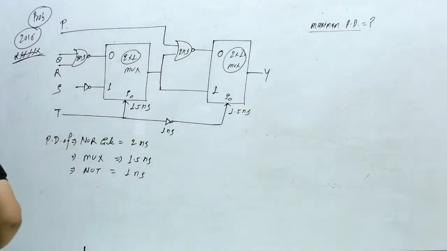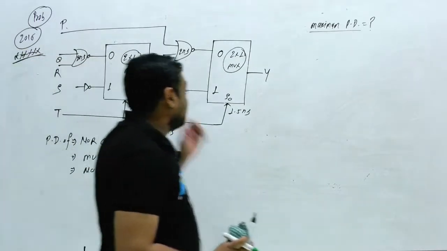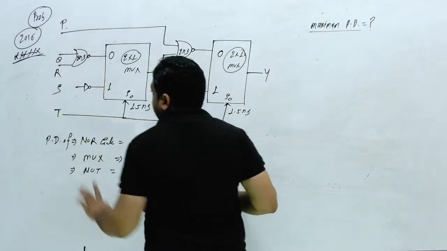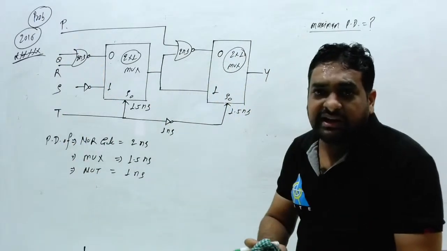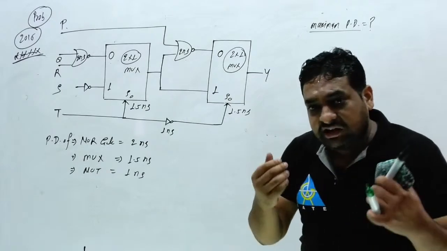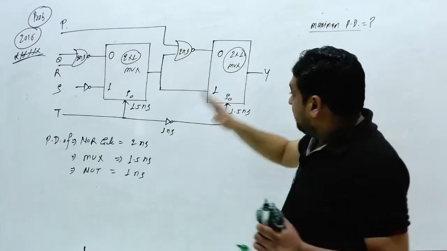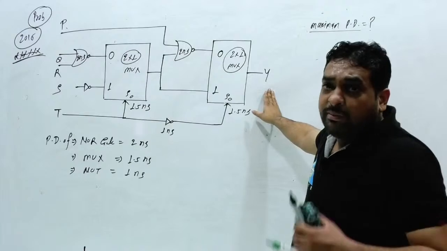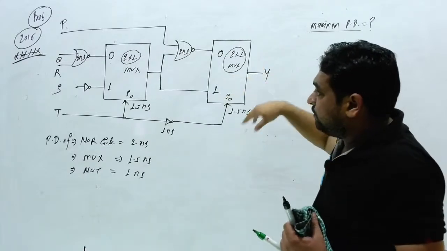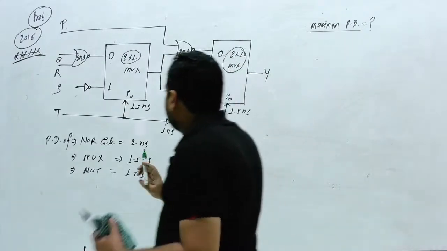Clear this thing? So P, Q, R, S, T they are providing at the same time. That can be anything, that is your choice, but how much maximum delay can be achieved by this circuit? So let's see how we can try to solve.